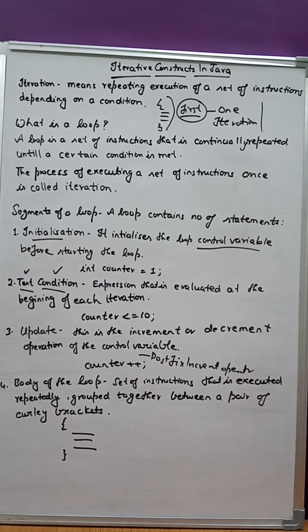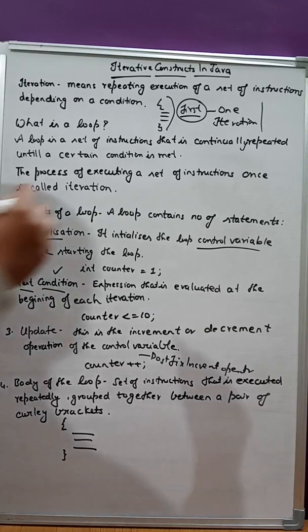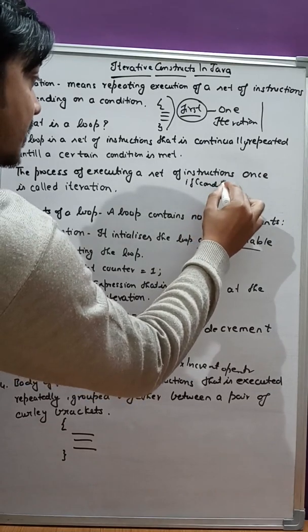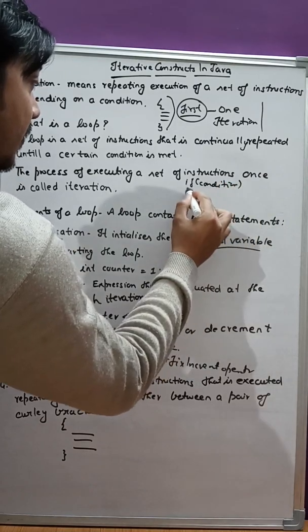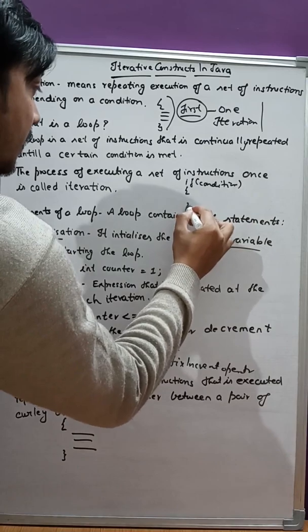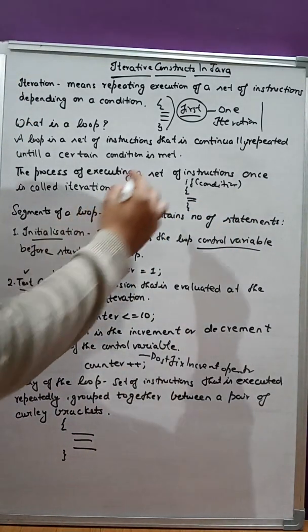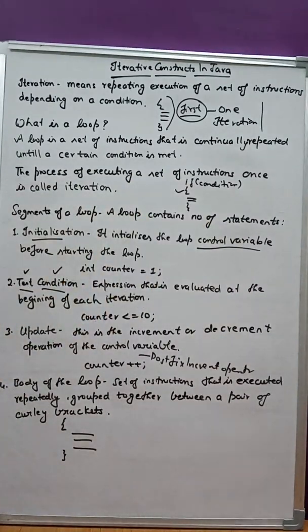Now we will discuss the body of the loop. Like in earlier programming, if we have written an if condition, the if is followed by the condition, and you have used a curly bracket over here. This curly bracket marks the beginning of the body of the if condition.